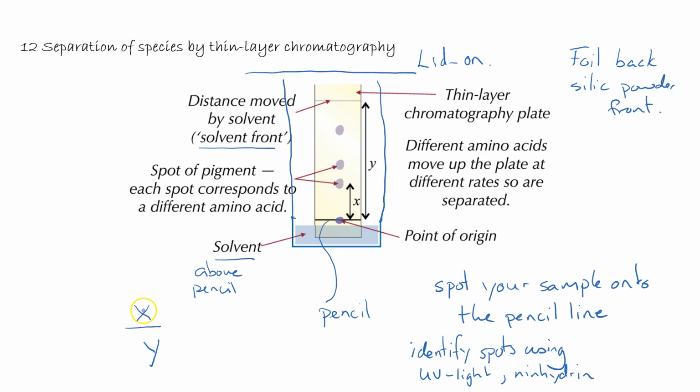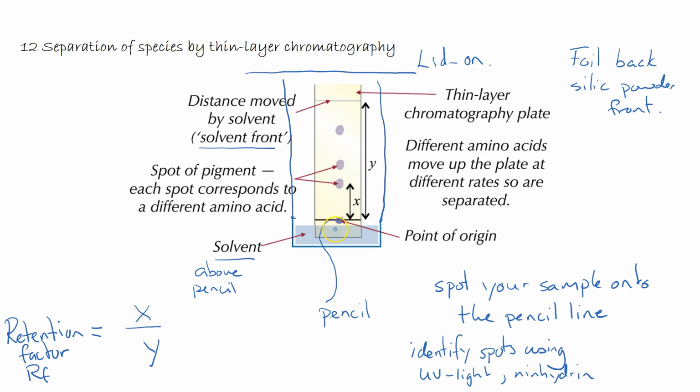And we can start to calculate a value for this x over y, which we call the retention factor. This retention factor is unique for a given solvent and sample, and is sometimes also described as the RF value.